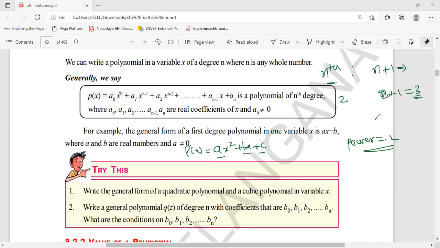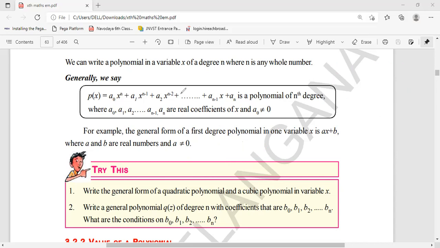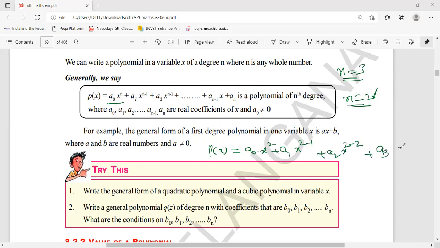So from the general expansion, we will conclude what it will be if n is equal to 2, and if n is equal to 3. Take P of x, with n equal to 2 first. In this expression, a naught x square plus a1 x power 2 minus 1 plus a2 x power 2 minus 2 plus a3 x power 2 minus 3.